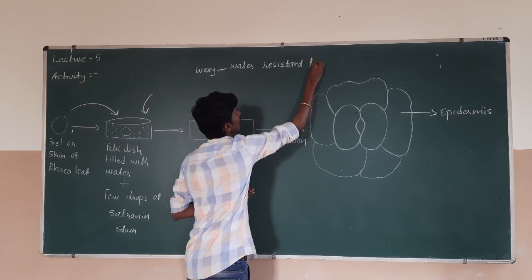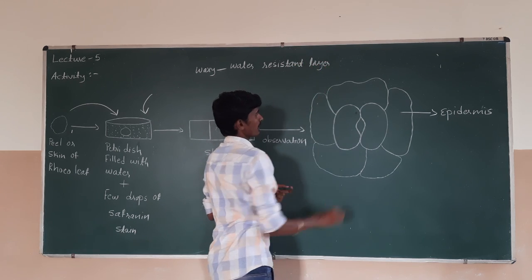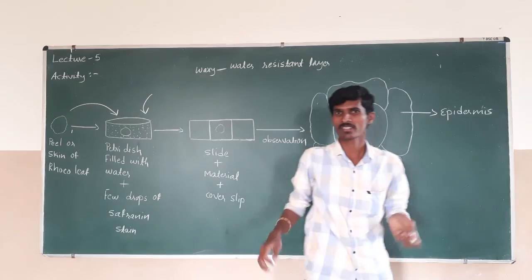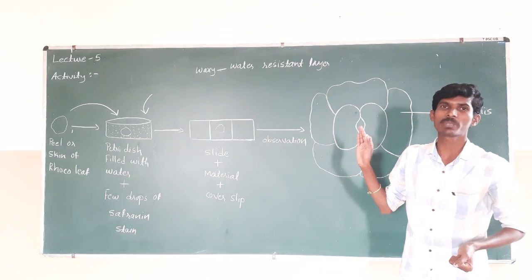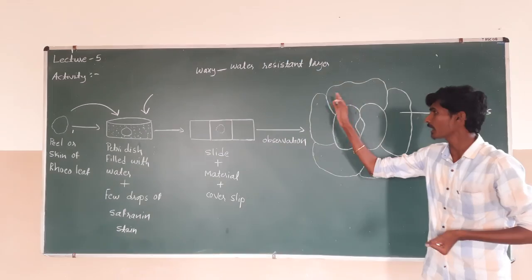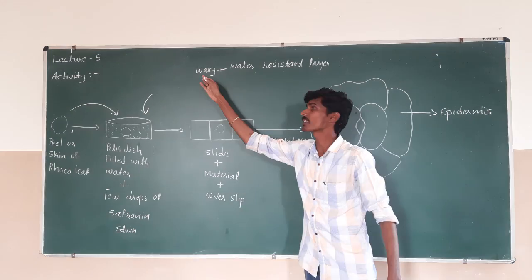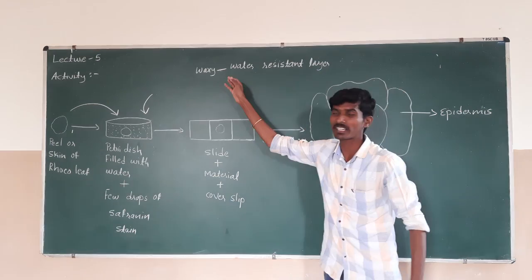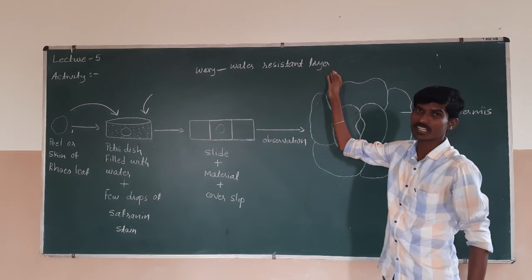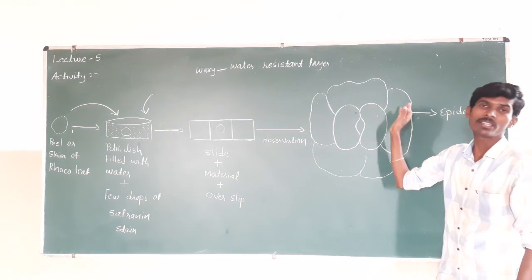The epidermis in the aerial part of the plant has a waxy material. It is a water-resistant layer present outside the epidermis. This waxy chemical material forms the water-resistant layer on the outer side of the epidermis.